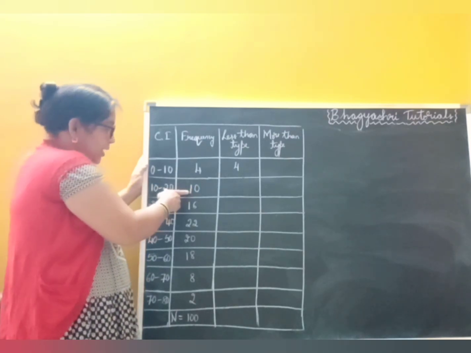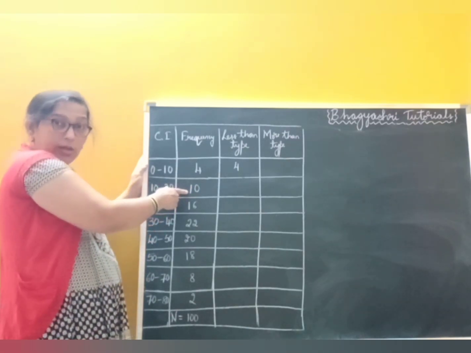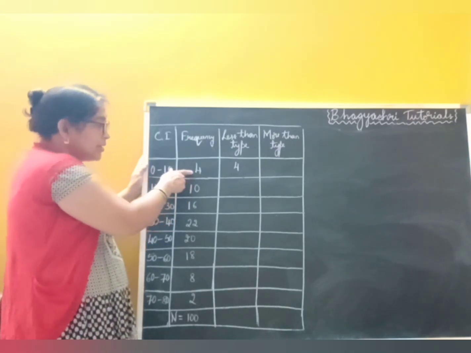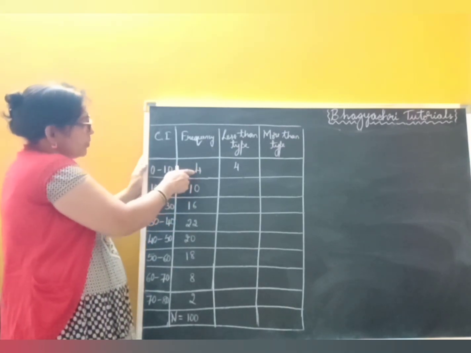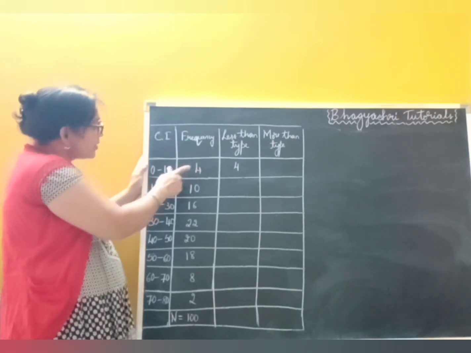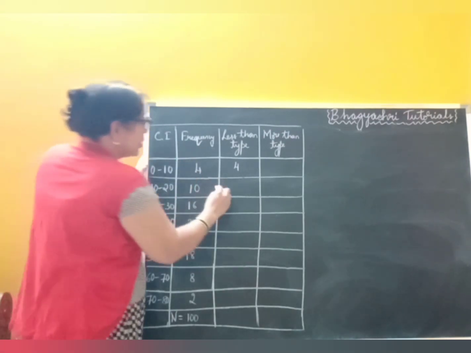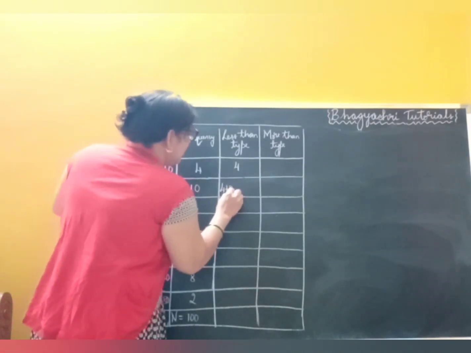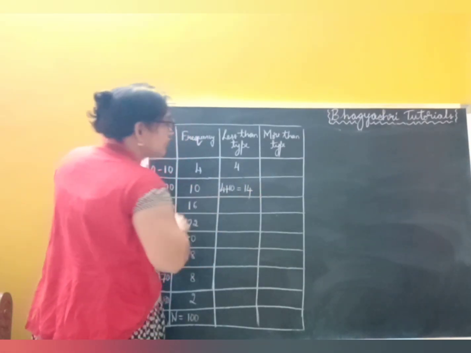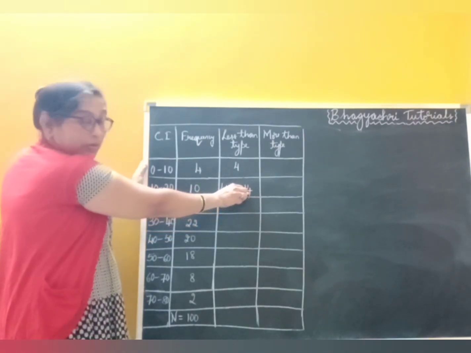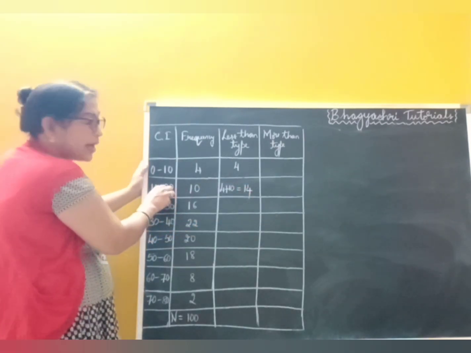These 10 are in the range of 10 to 20, so 10 plus these 4 students who also got marks less than 20. So 4 plus 10, we have to write the cumulative frequency now. It is 14. So 14 students have got marks less than 20.